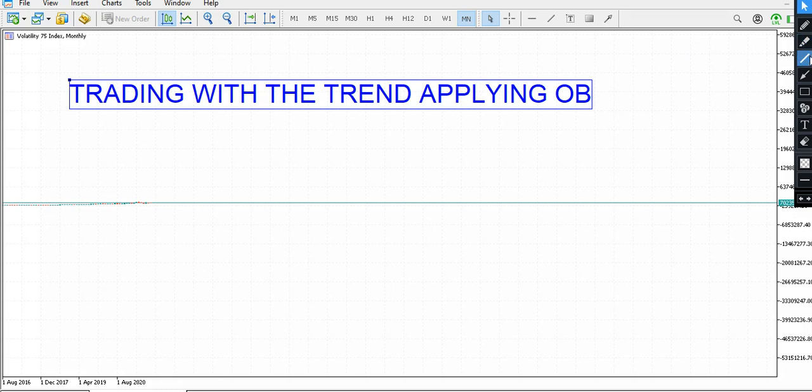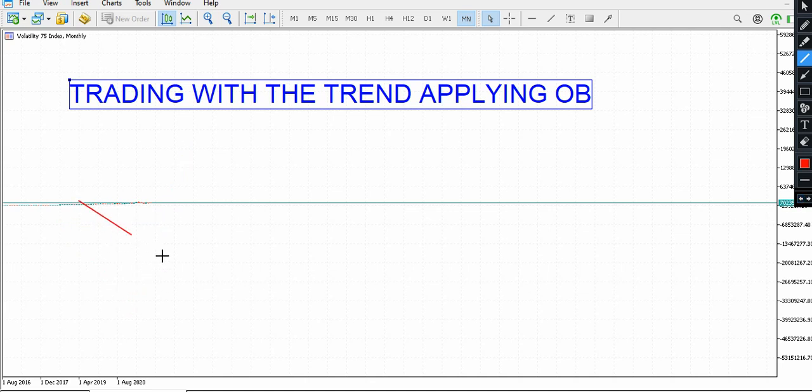For example, let's say this is our V75 on monthly time frame. Then we have this structure that is broken. Okay, let's use something bigger.